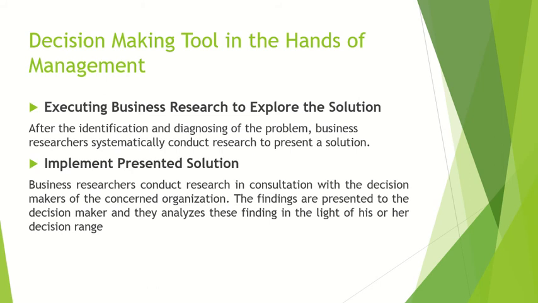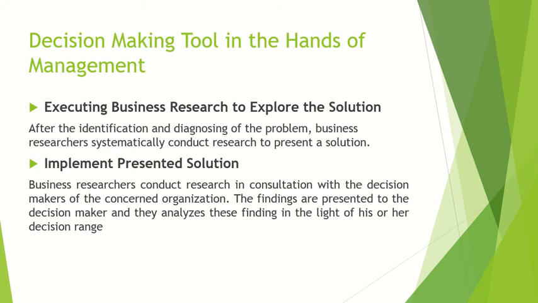Clear, class? Class, what are researchers going to do in this step? As I previously told you, researchers find out the possibilities and resources and reasons of the problems that organizations currently face.